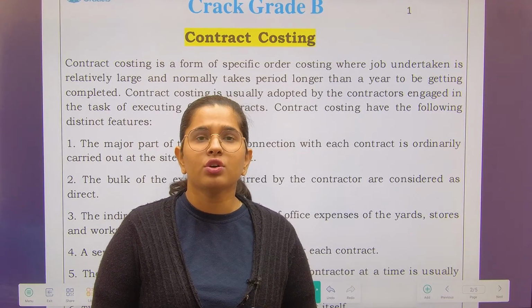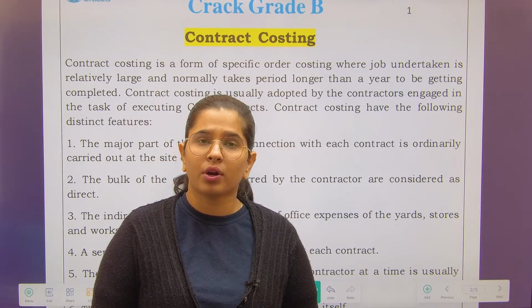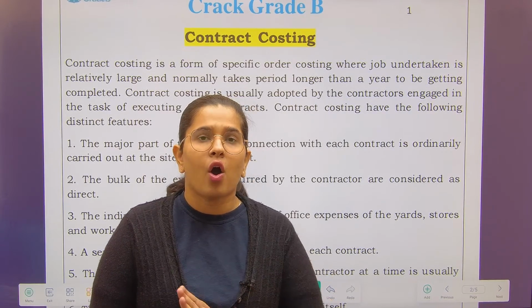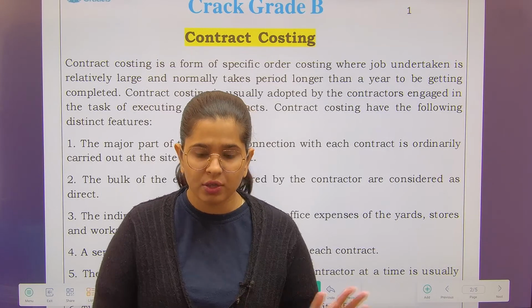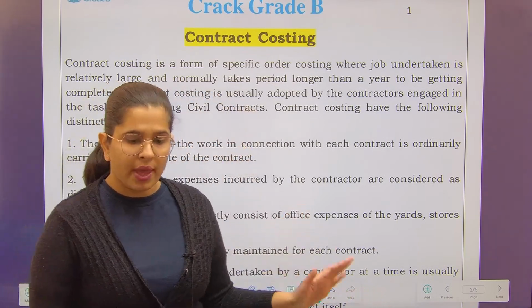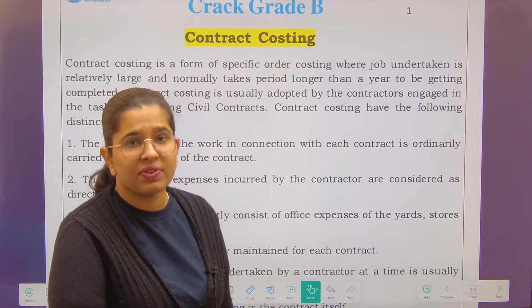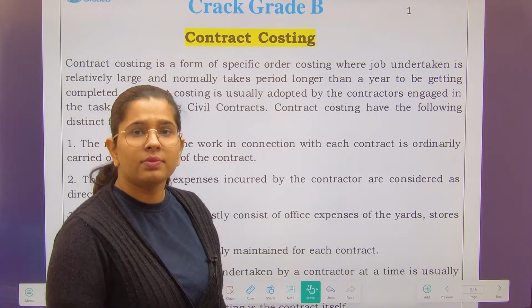Correct? In process or operations related costing, the output you get is the same, all the outputs are the same. That is called mass production. Whereas when we talk about contract costing, this is known as the specific type of costing.